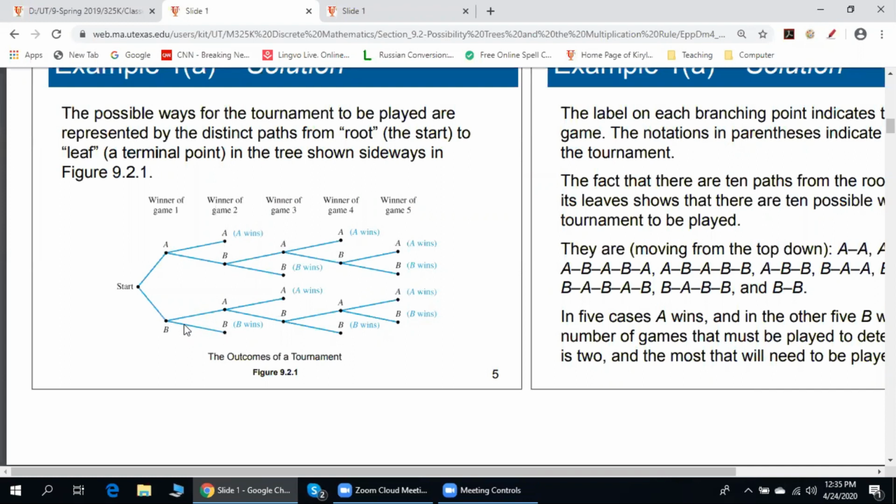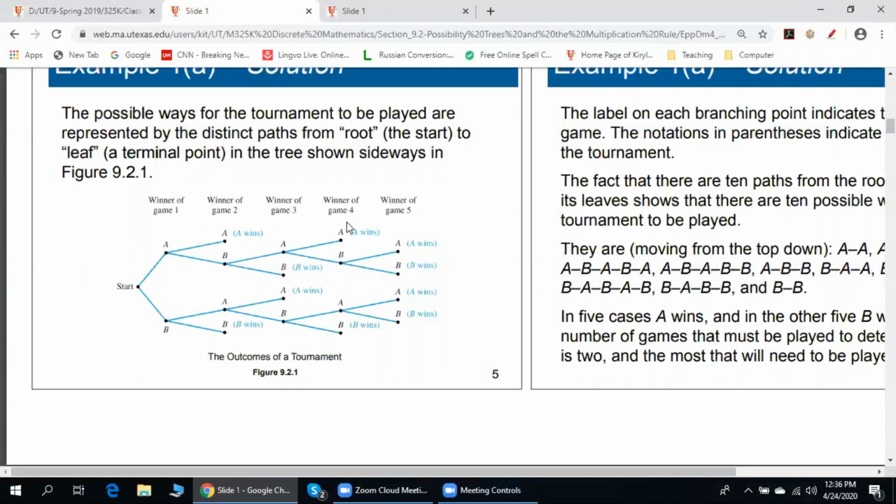If winner of game 2 is A, we continue. Game 3. If winner of game 3 is A, we continue. If winner of game 3 is B, we stop because we have 2 wins in a row. Similarly here, we stop if A, we continue if B.